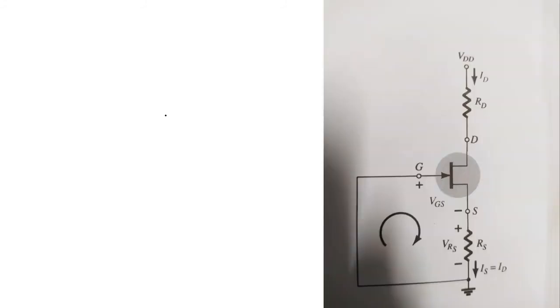Now once the ID current is known, we can find the level of VDS by using Kirchhoff's voltage law. Again, because VDD is a voltage rise, this needs to be negative. The IDRD is a drop. Similarly, this VDS is also a drop, and this VRS is also a drop, and the sum of the voltages according to KVL is equal to 0.